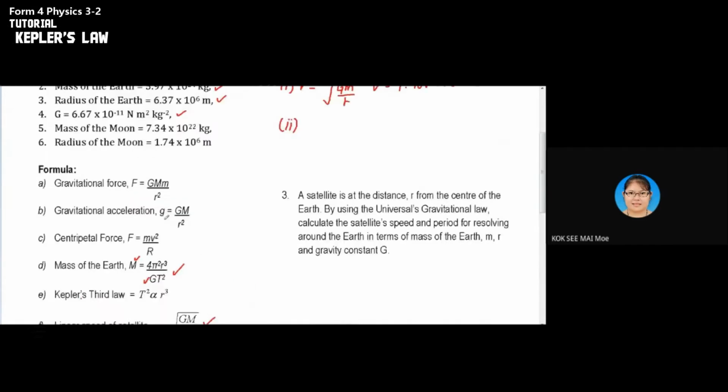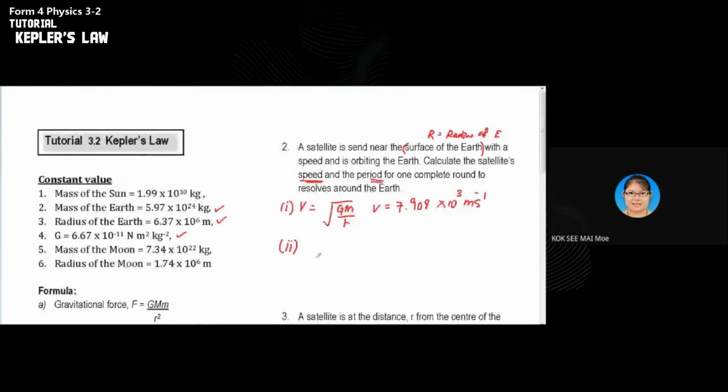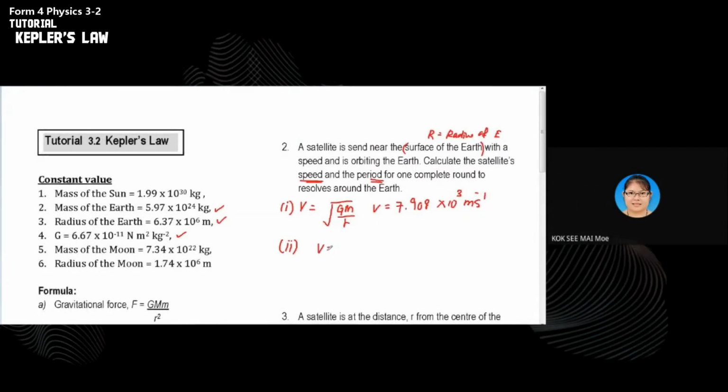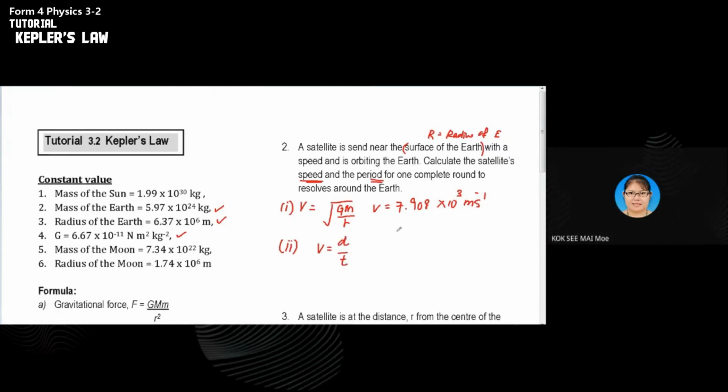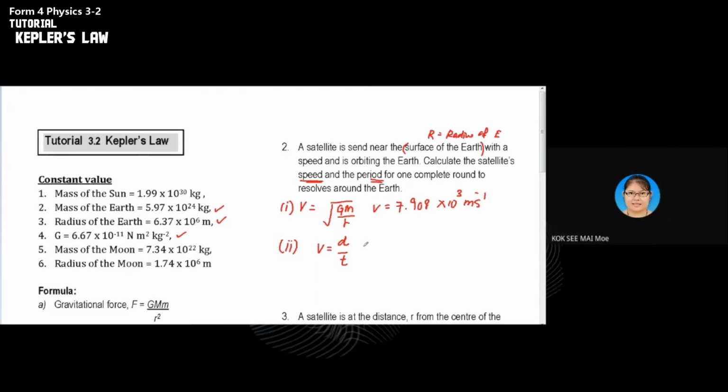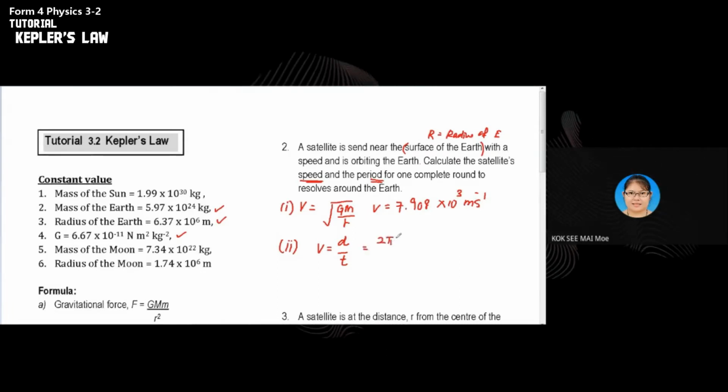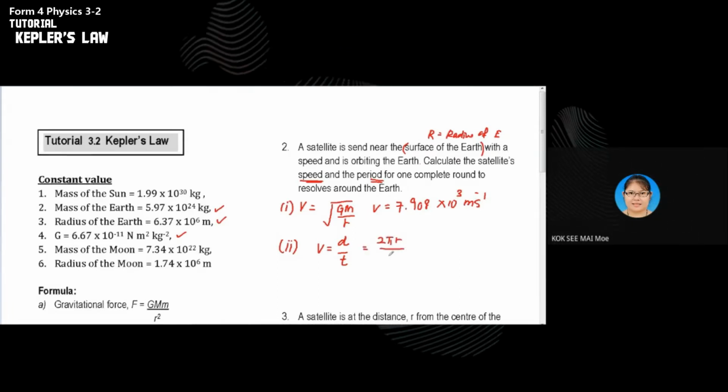Remember in centripetal force, we learned about the speed. V equals displacement over time. Now the displacement is a circle, so we take 2 pi r over the period.